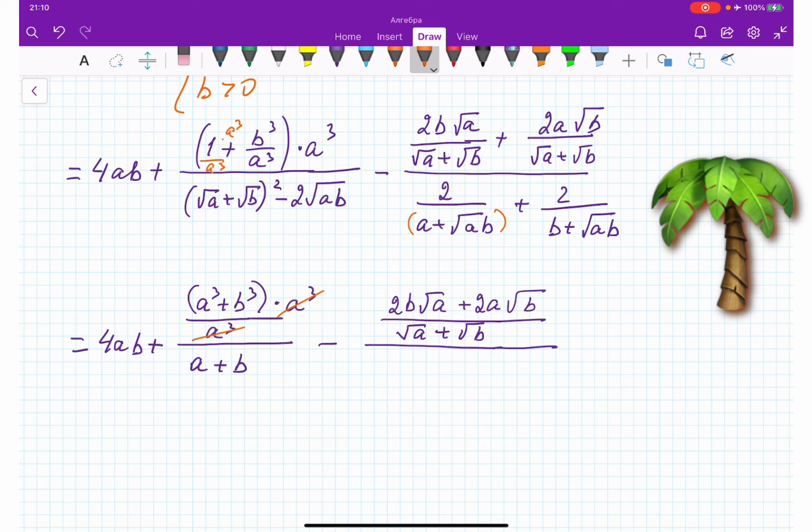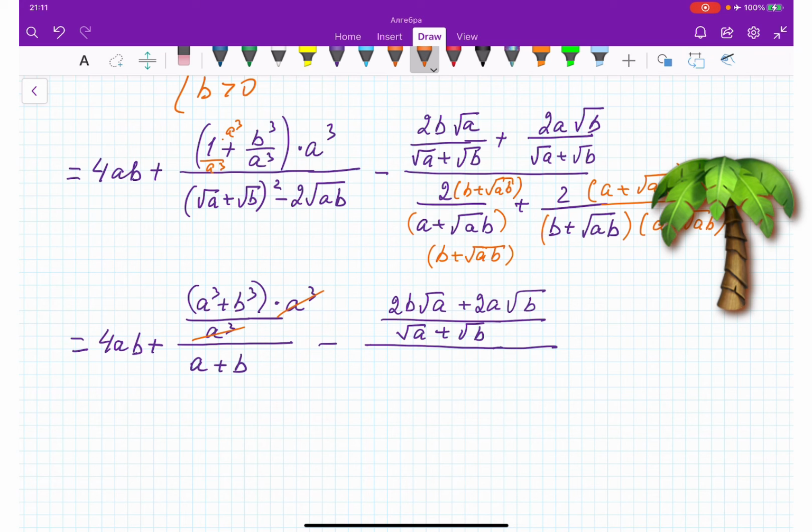I'm going to multiply by b times plus square root ab. Right. Same thing accordingly here. And this one I have to multiply by a plus square root ab. And accordingly, same here, a plus square root ab.